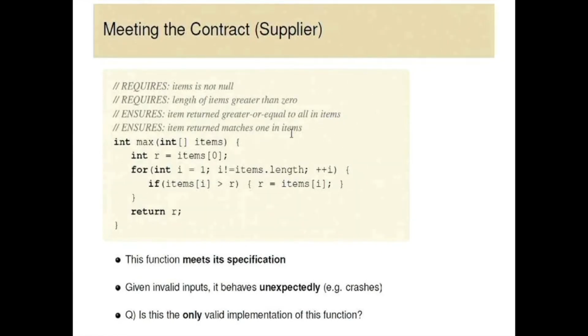But the precondition is that the items array itself cannot be null, and the length of the items has got to be greater than 0. If we passed in null, or an empty array, an array of size 0, that would be a problem. And we'd see the problem because it would crash. If I passed in null, then we'd see a null pointer exception right there.